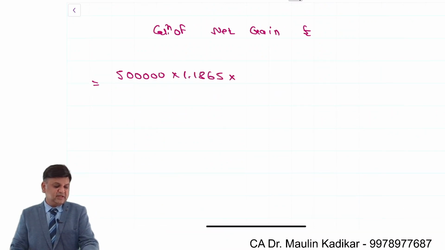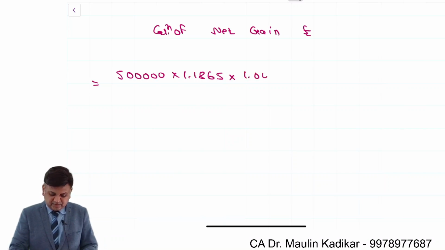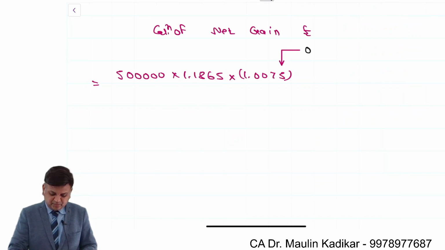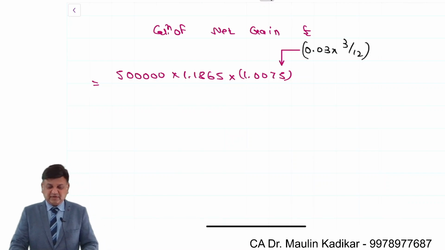For euro currency, the rate of interest is given as 3%. So 0.03 into 0.25, that is 0.75%, 1.0075. So 0.03 into 3 divided by 12. That is the way we compute the maturity amount of deposit.